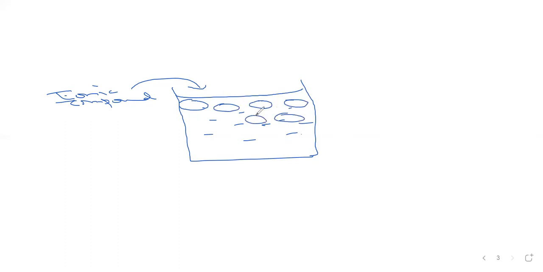The ions now become free in solution. What I'm demonstrating here are the ions free in solution. We shall have an equal number of cations and anions in this solution.